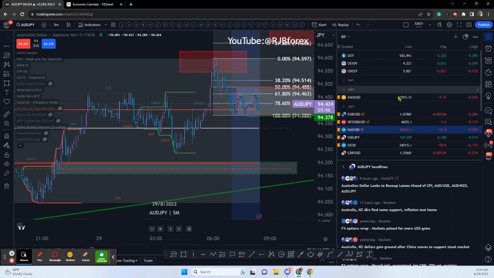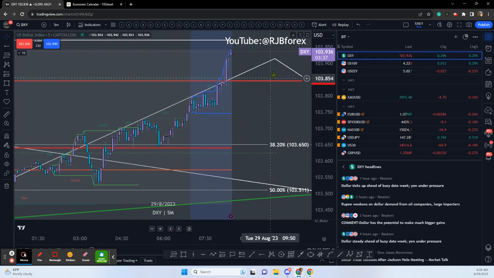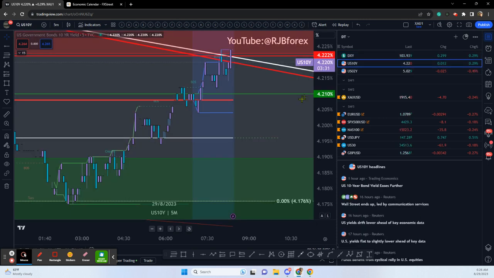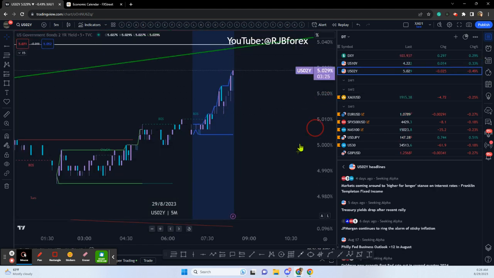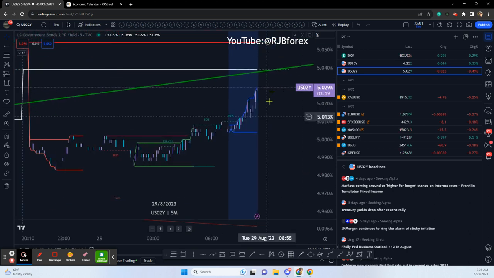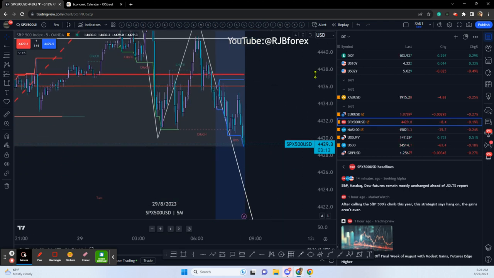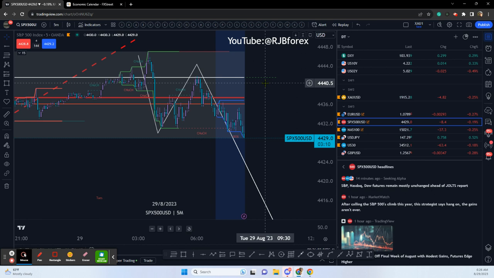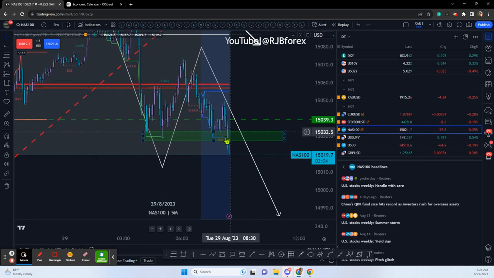Right. Any other assets you want me to look at, guys? Dollar is pumping. Yields are testing this resistance area. 2-year nicely bid. Stocks are sliding. Breaking support.